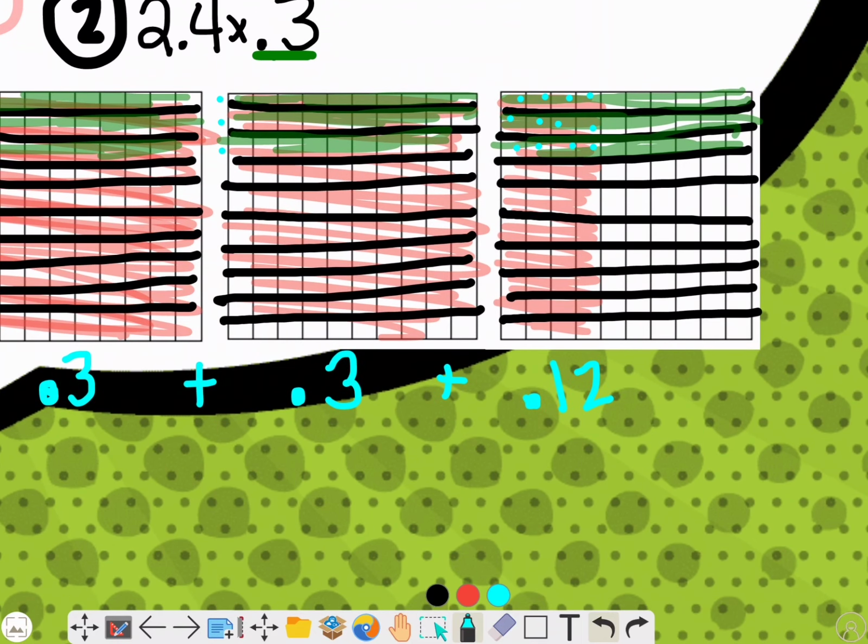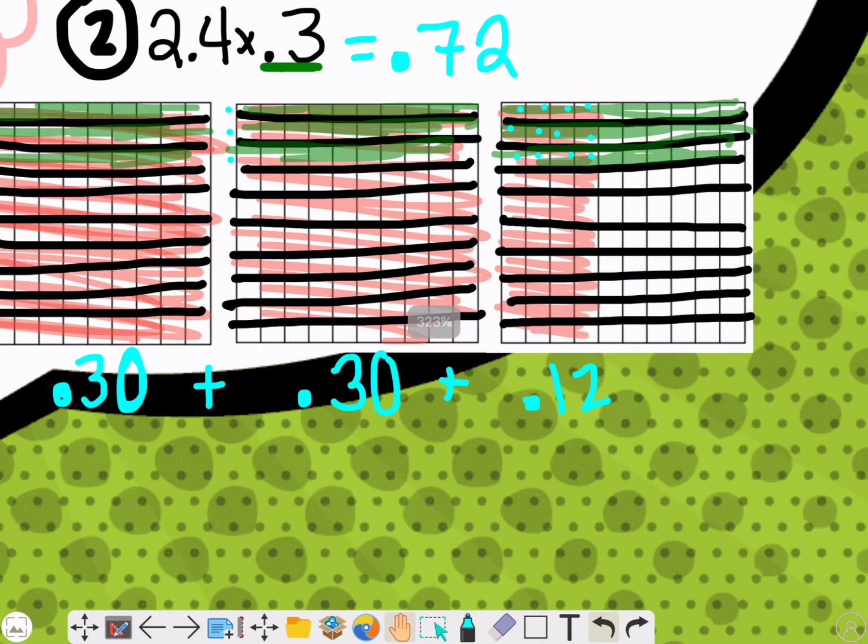Well, some people are going to make a mistake because they say 3 plus 3 plus 12 is what? 6, 18. They're just going to say it's 18, but that's way off. Remember, 3 tenths is the same as 30 hundredths because 3 dimes is equal to 30 pennies. So 30 plus 30 plus 12 is 0.72. So that's how you do it.